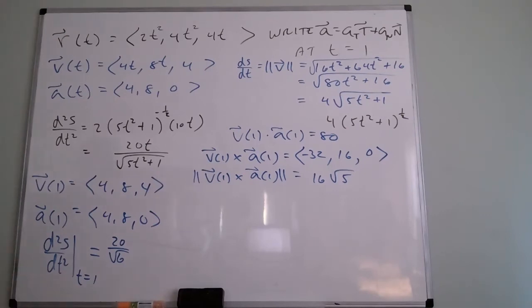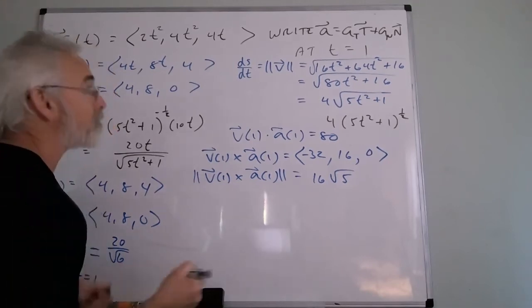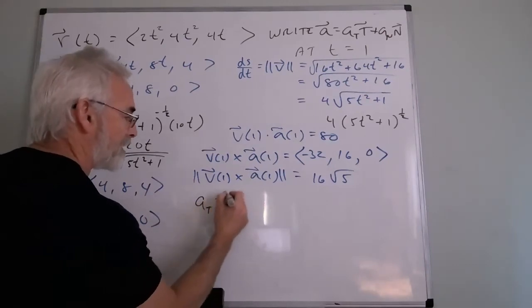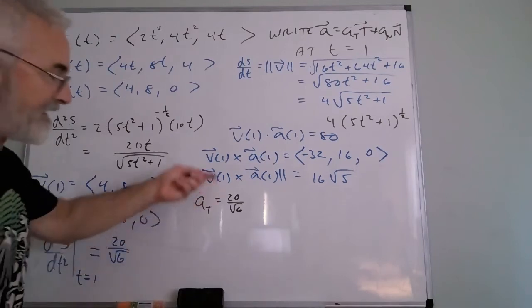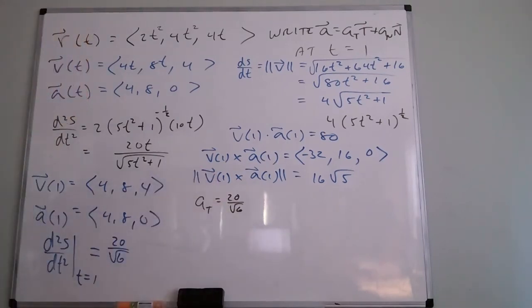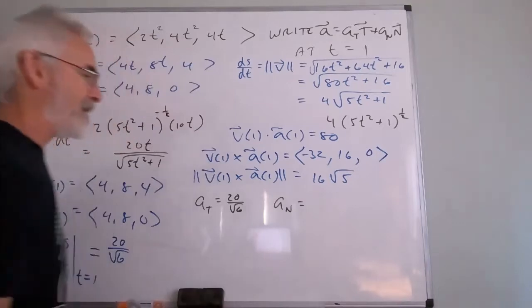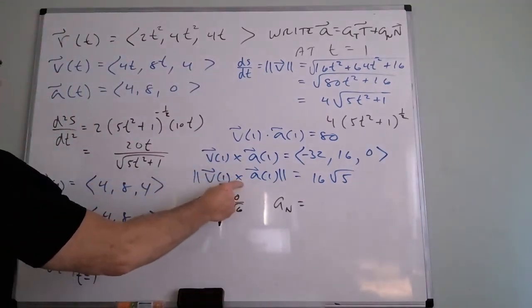Okay. So what do we know is AT? We know that's AT right there, by the way. I may have to do some erasing later. We know AT is 20 over root 6. Now, yes, I can write that as 10/3 times root 6. I don't know that that's any better because my root's still the same. What is AN? So remember what I said AN was? AN was the quotient of this quantity.